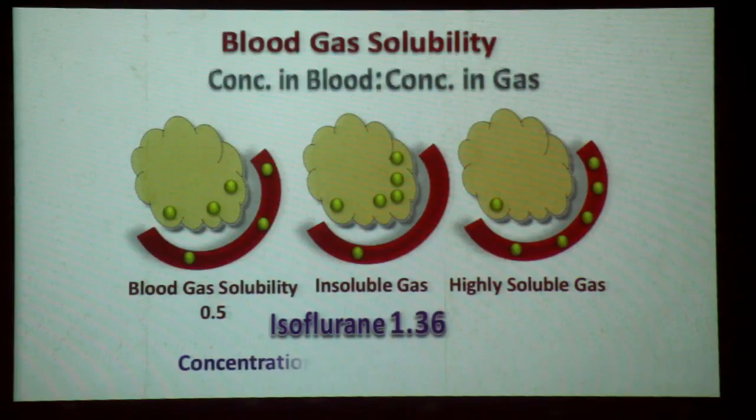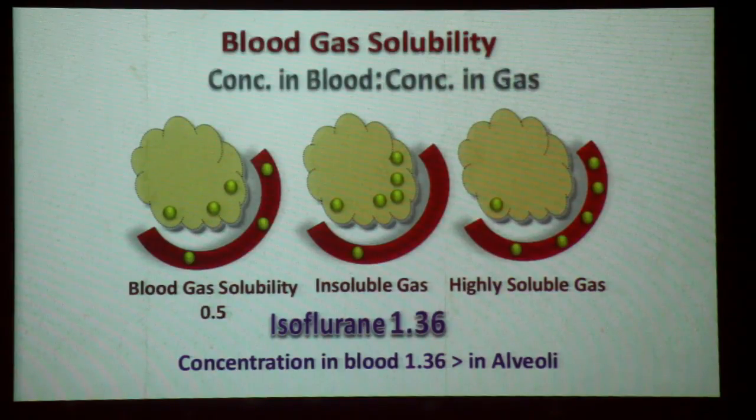Isoflurane has a blood gas solubility of 1.36. What does it mean? It means that the concentration of isoflurane in blood is 1.36 times more than in the alveoli when the partial pressures are equilibrated. That sentence is not given in books properly, so please remember this.